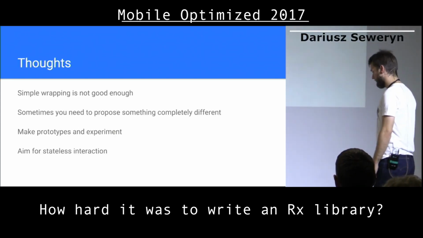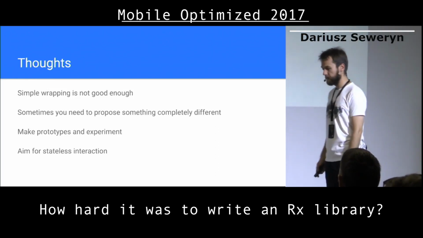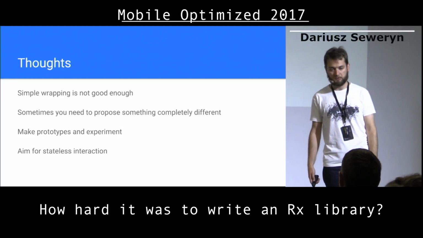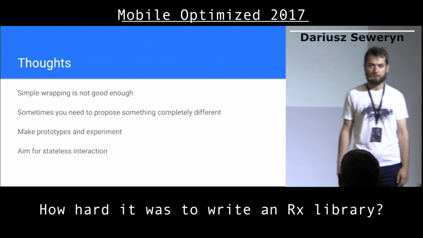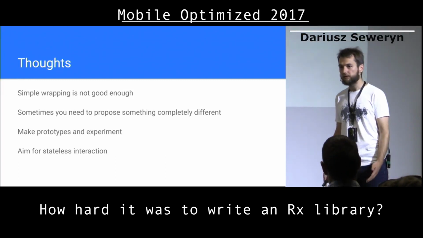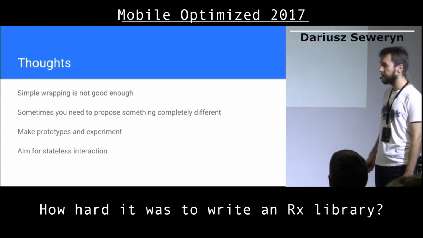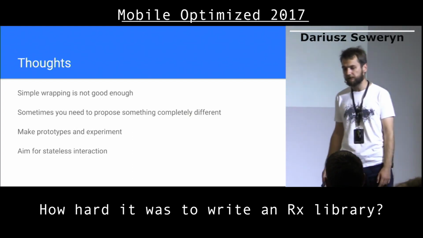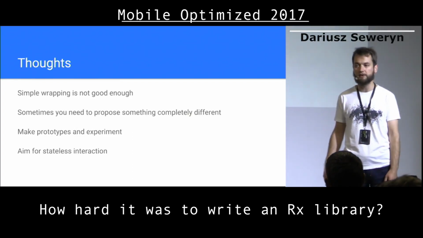And the thoughts that came after were that simple wrapping is usually not enough for Rx libraries. That you can do better. And sometimes you need to propose something completely different from the abstraction that is already there.